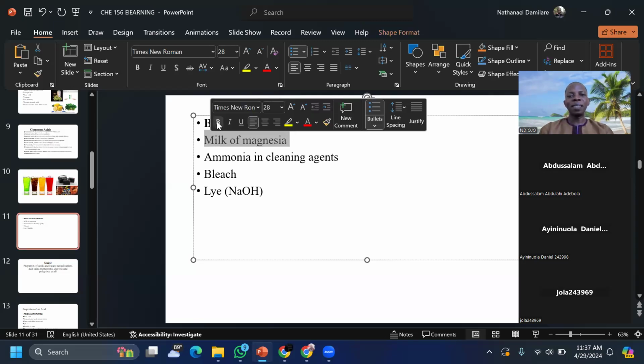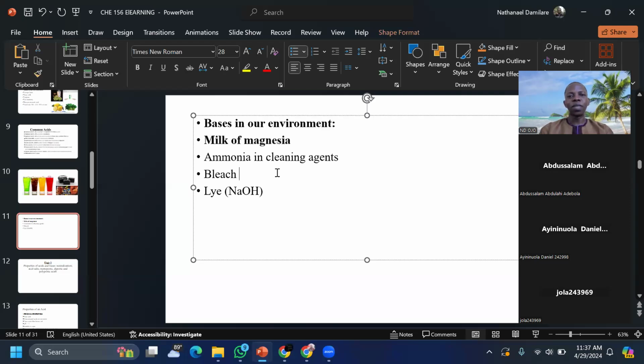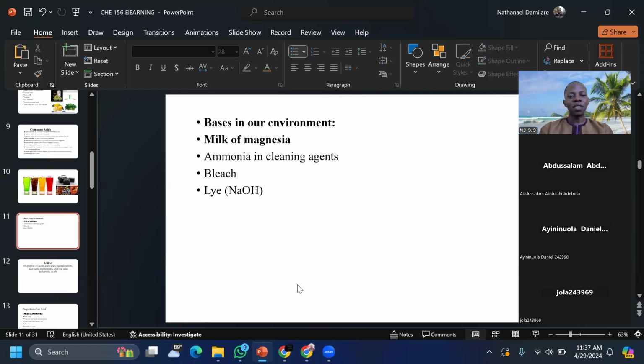An example of that is the milk of magnesia. So this milk of magnesia is essentially a base. And some people take it so that they can feel better, especially when recommended. So don't take something that is not recommended.